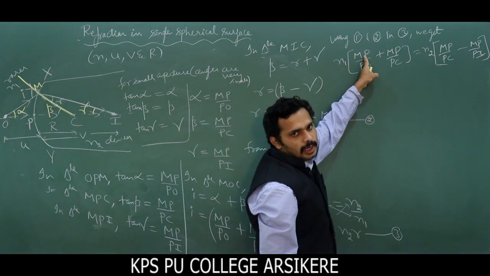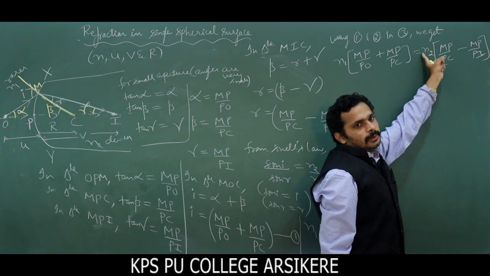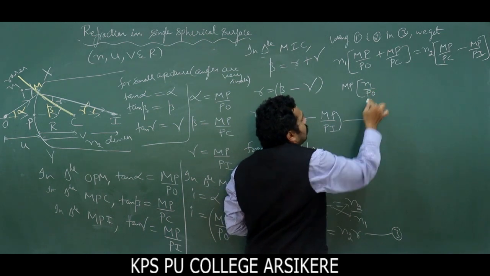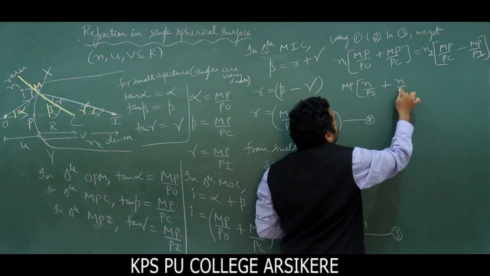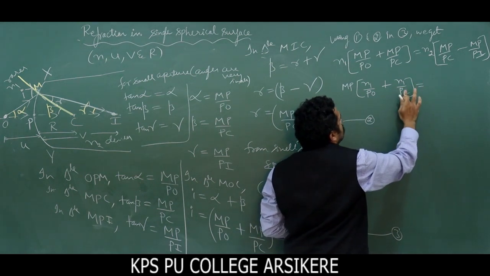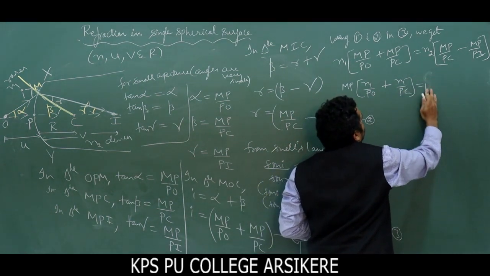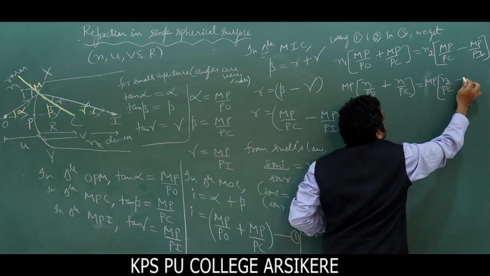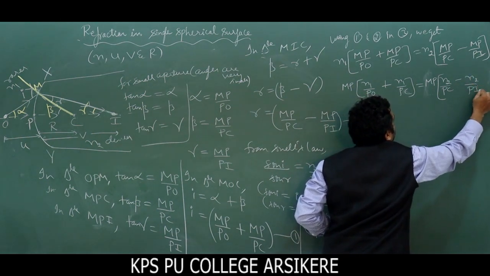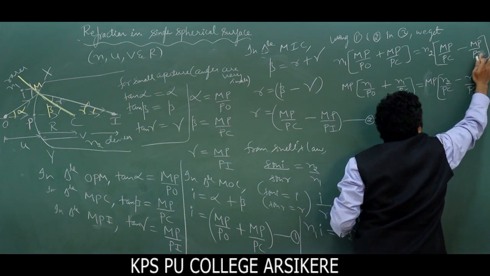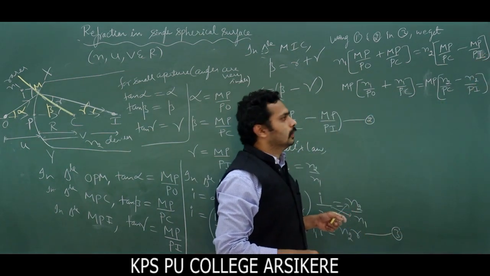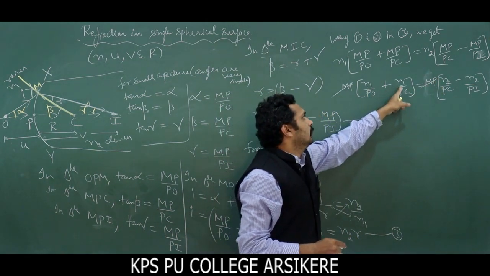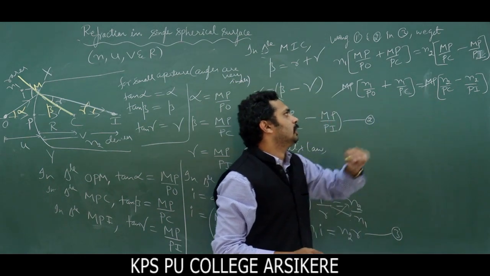Remaining is N1 by PO plus N1 by PC is equal to N2 by PC minus N2 by PI. Is it clear? Now MP you cancel on both sides: N1 by PO plus N1 by PC is equal to N2 by PC minus N2 by PI.